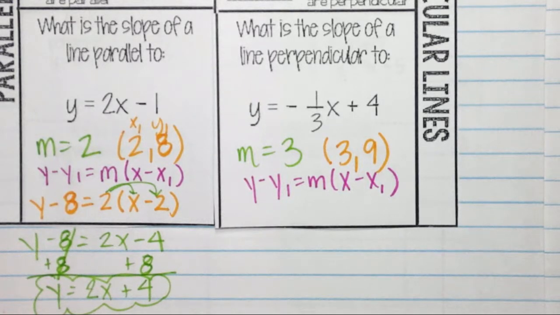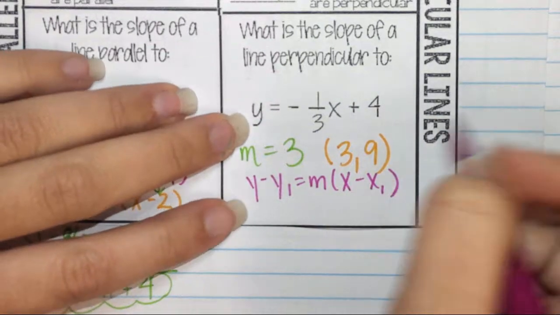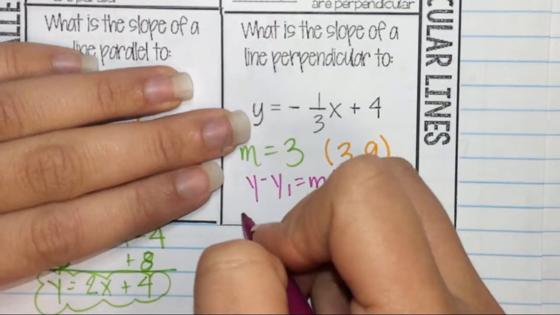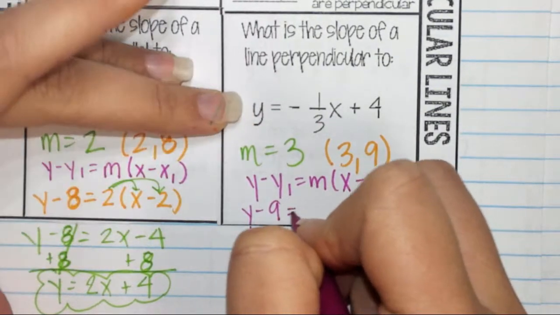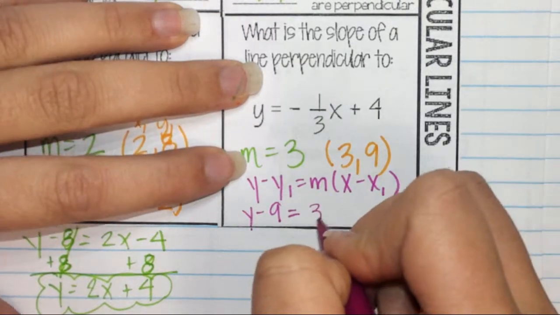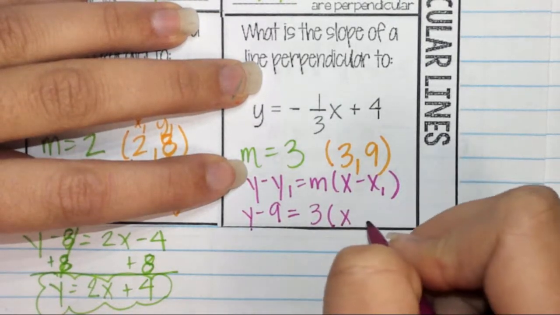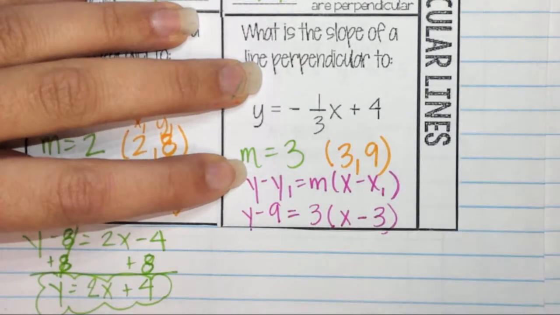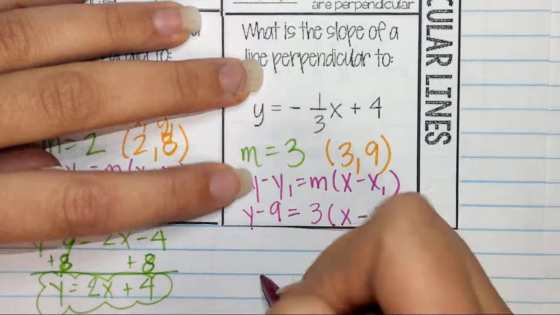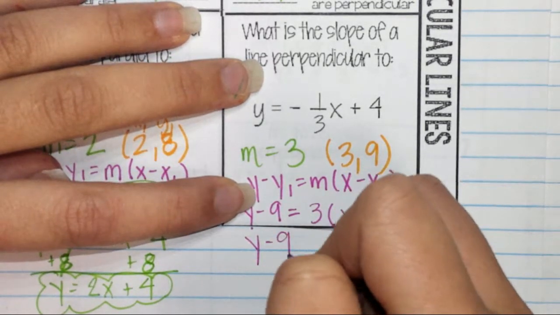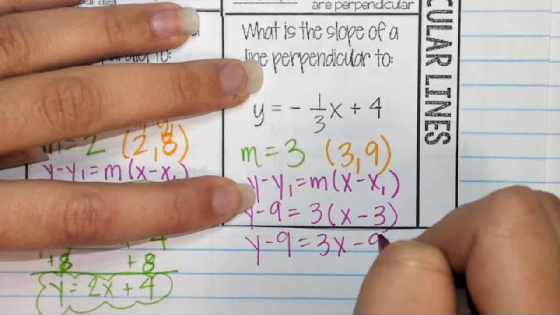Great job. Alright, so what is my y1? 9. So y minus 9 equals 3 times x minus 3. Good. Okay, distribute, and we get y minus 9 equals 3x minus 9.